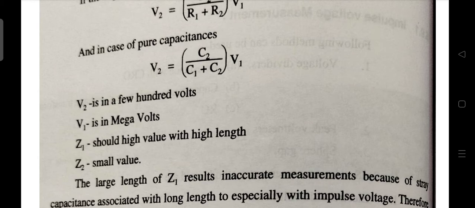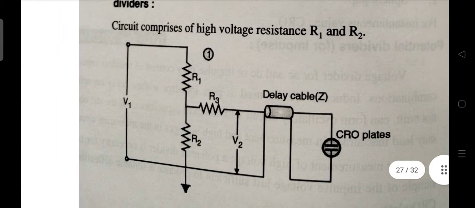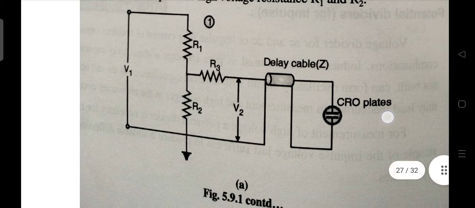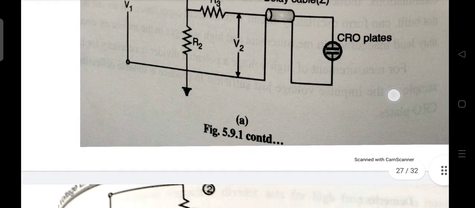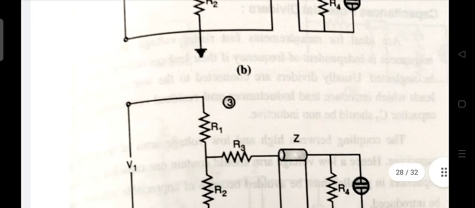So let's see first the resistance potential divider, or we can also say high ohmic resistance divider. Here we have a circuit comprising high voltage resistances R1 and R2. We have three different circuits. One is this R1 and R2, with R3, R4.